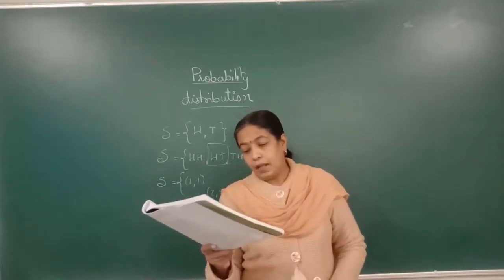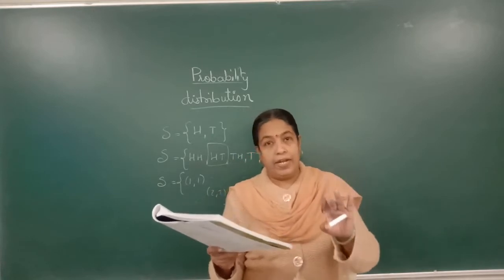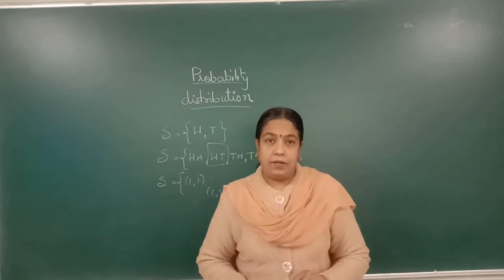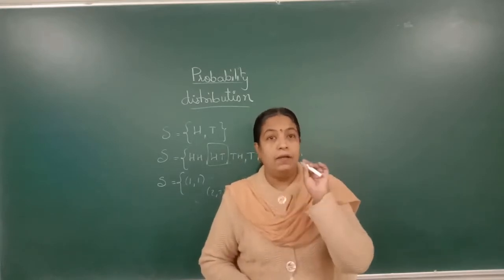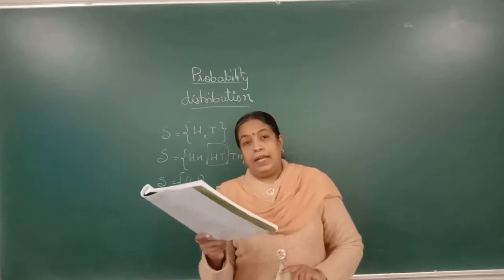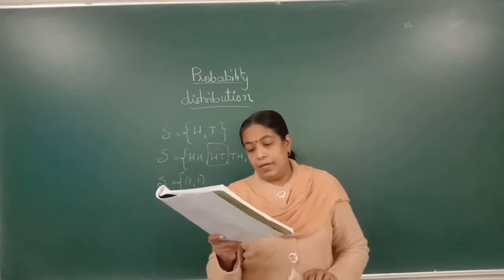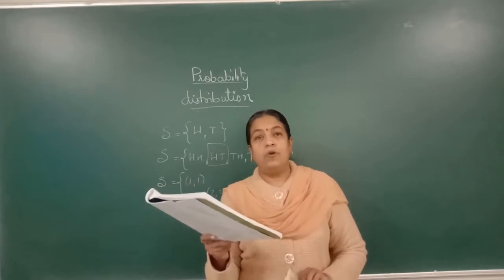Now, in the experiment of randomly selecting 4 items from a lot of 20, how many items are there? 20 items. And you have to select 4 items. That lot contains 6 defective items. The interest is in the number of defective items among the selected 4 items.